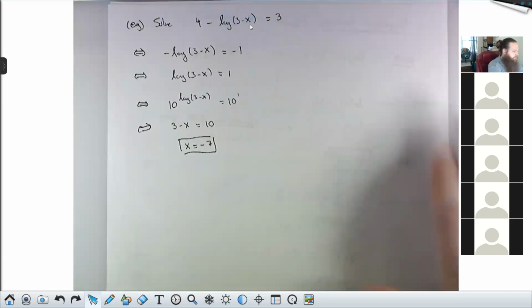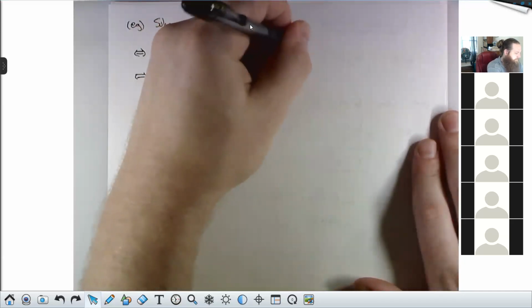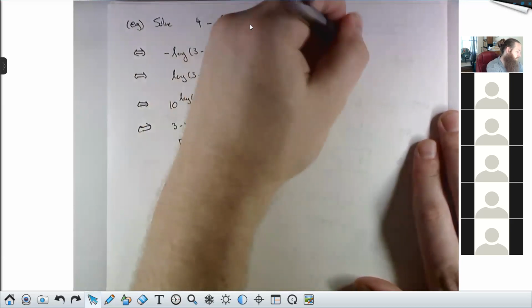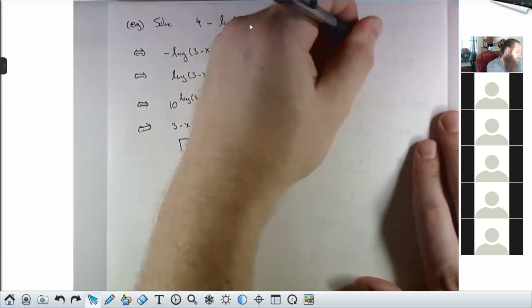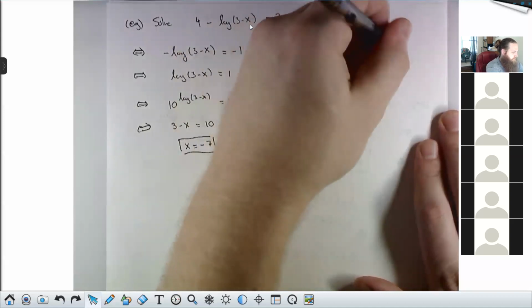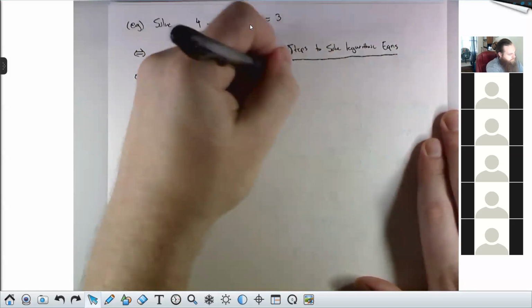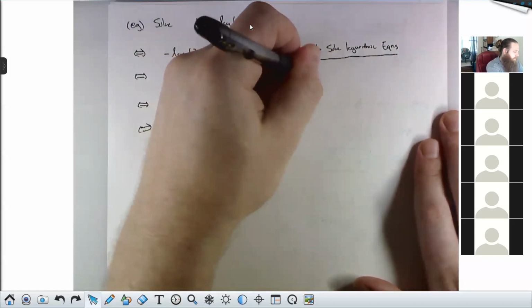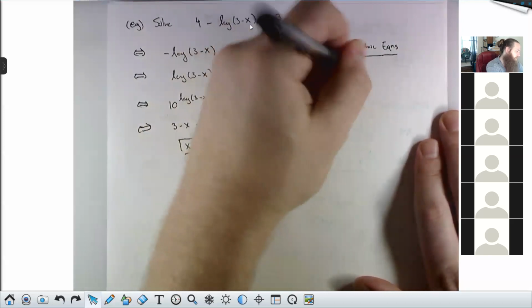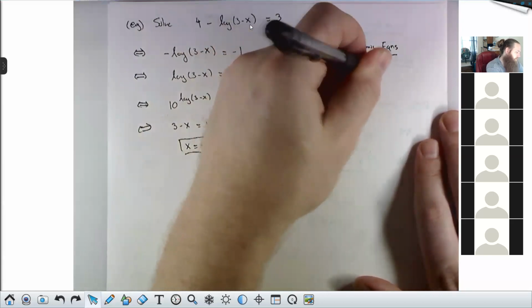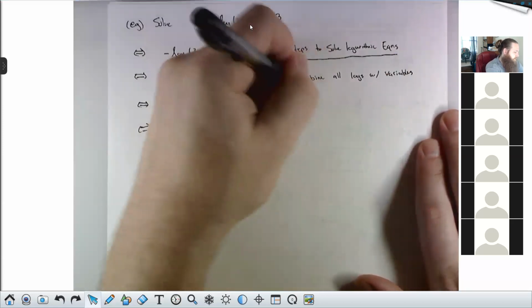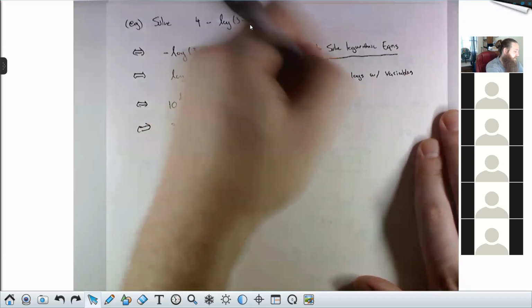So here are your steps. First, combine all logs with variables into a single log.